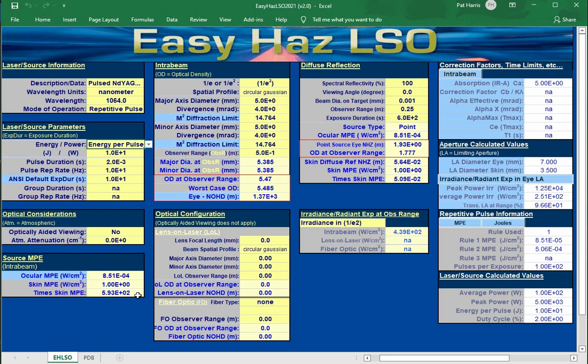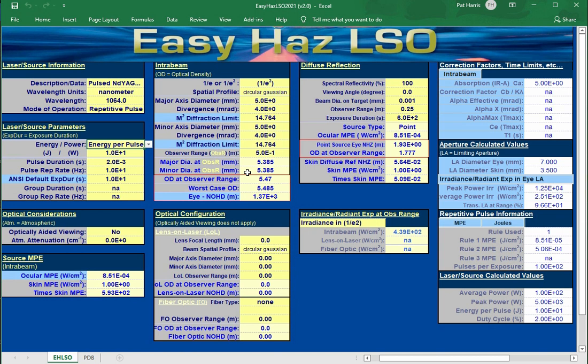But you have to understand, at 600 times, you're going to get quite a burn, and it's going to be deep. Okay, so yeah, skin MPE 600 times, that's a significant skin hazard. And again, a laser like this will certainly burn something if you put some material in front of it. It can easily ignite the material.